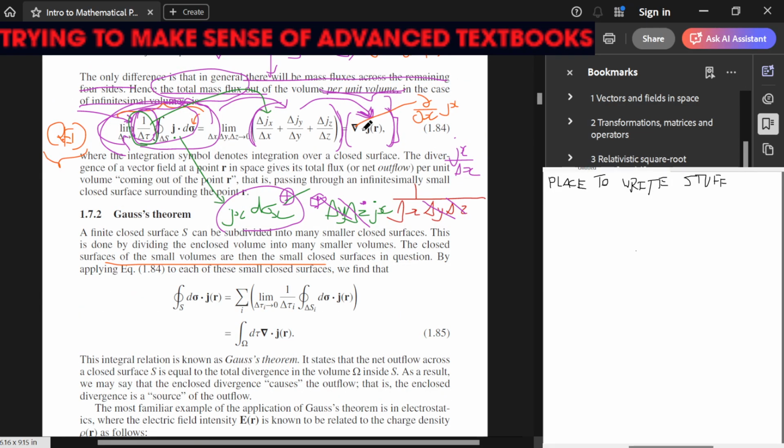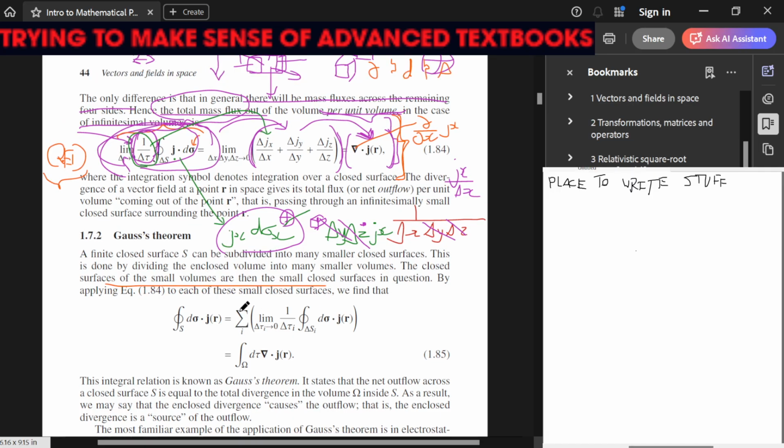By applying 1.84, which is this that I have written over a lot, to each of these small closed surfaces, we find that we're summing up all these things that we did here. So the sum of the limit of, is this just like a direct copy paste?